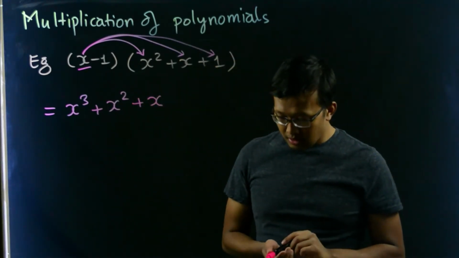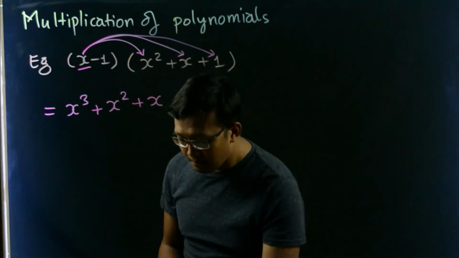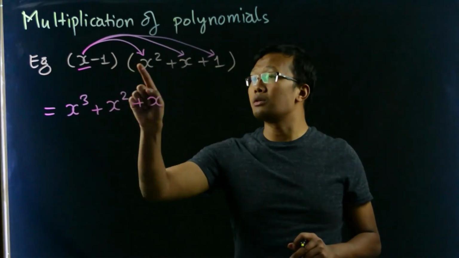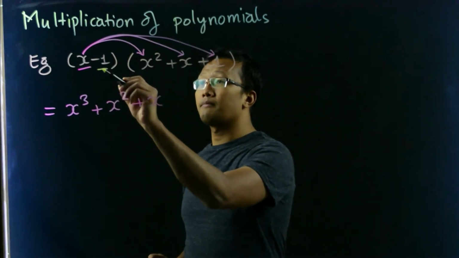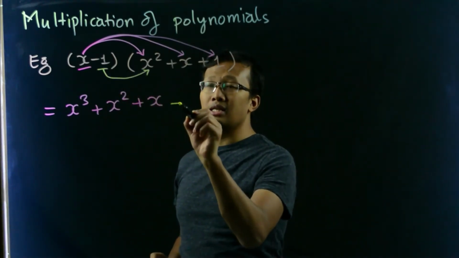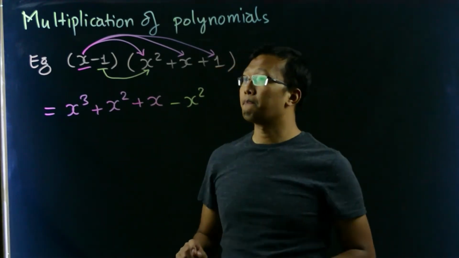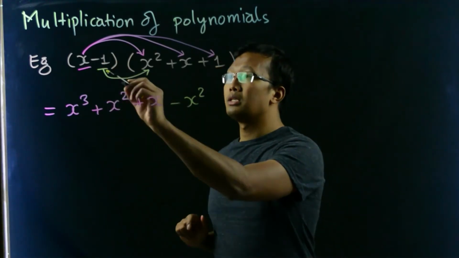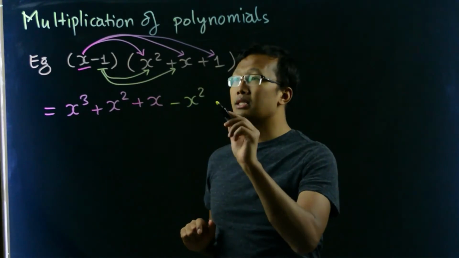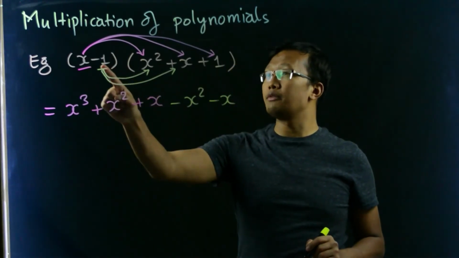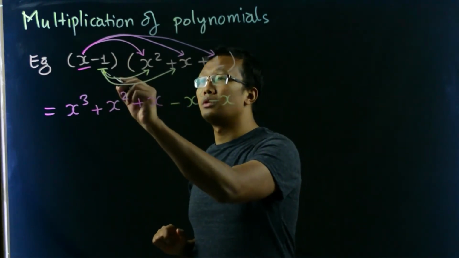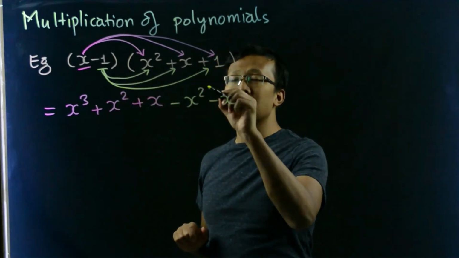Now let us multiply this negative 1 with x squared, x and 1. Negative 1 times x squared is negative x squared. Negative 1 times x is negative x, and finally negative 1 times 1 is negative 1.